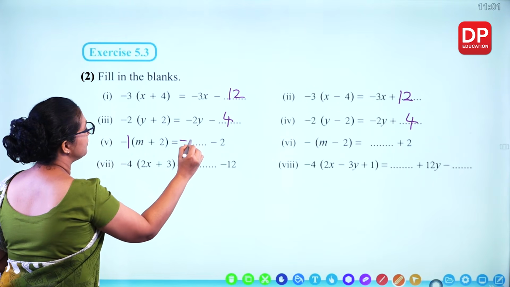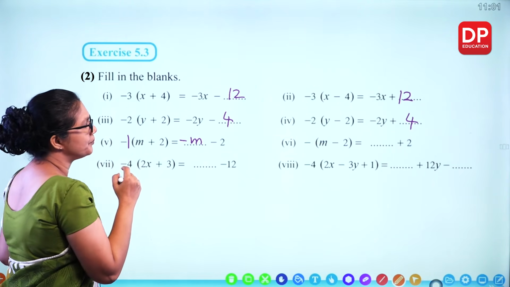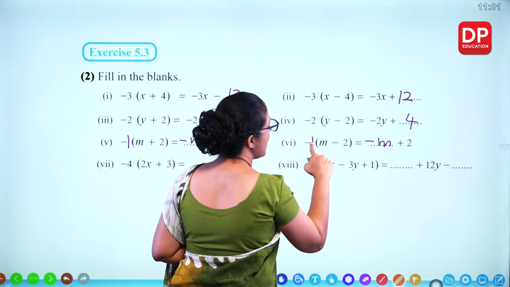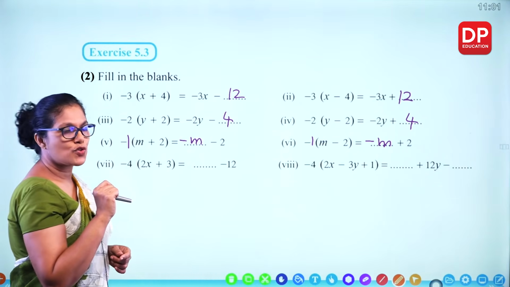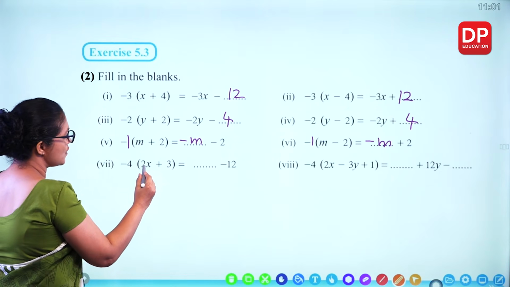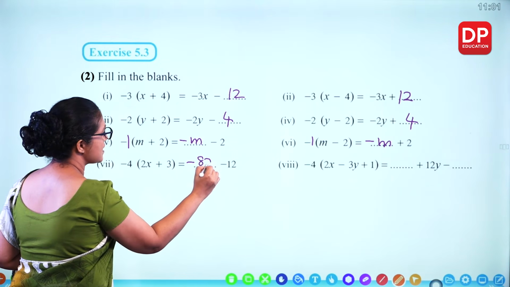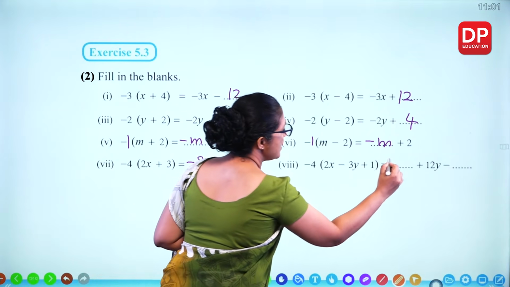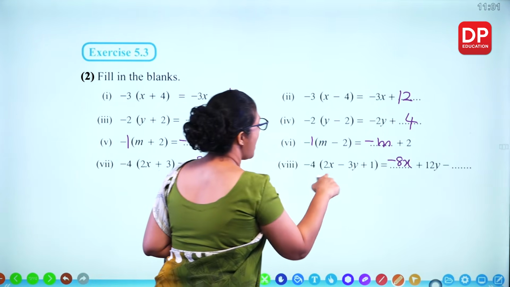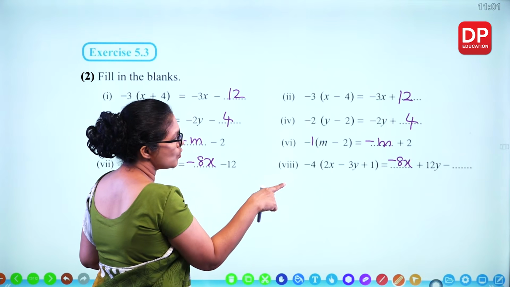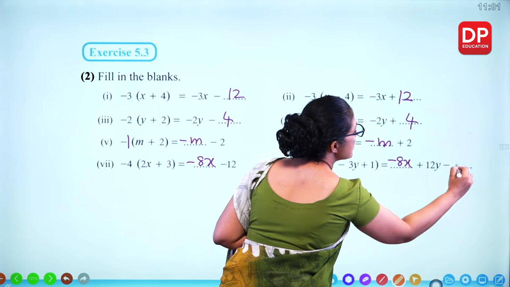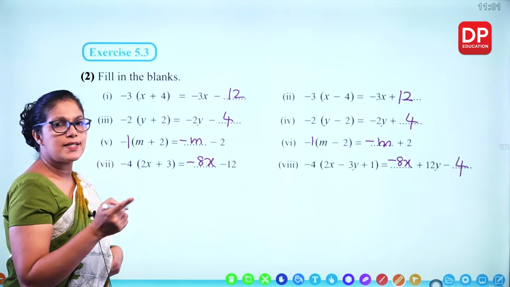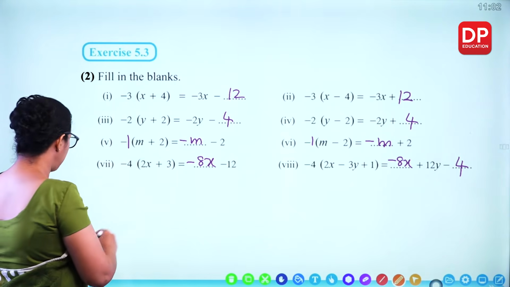Minus m minus 2. Here minus m, minus and minus becomes plus 2. Minus 4 times 2, minus 8x, and minus 12. This one minus 8x and then plus 12y and minus 4. You have to multiply all the numbers with the outside number.